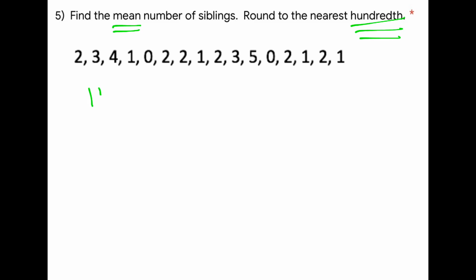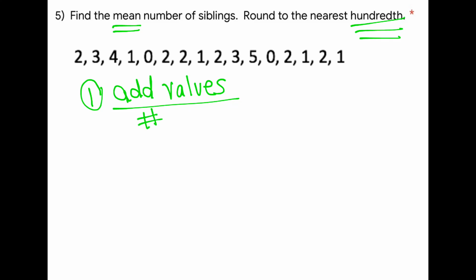So our first step is to add the values, and then we divide by the number of values. And then we can't forget to round to the nearest hundredth.